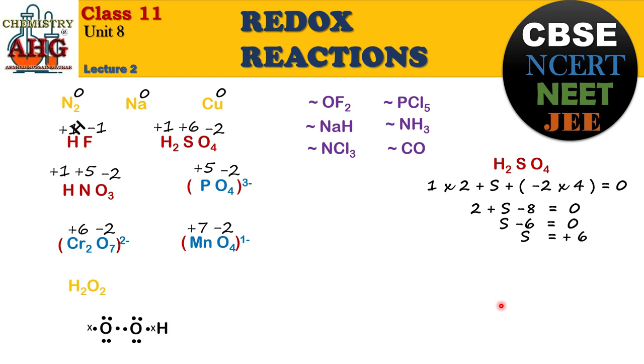You can see this oxygen is more electronegative, but it can attract electron from one side only. This oxygen can attract electron from this hydrogen only. So this oxygen would become negative.